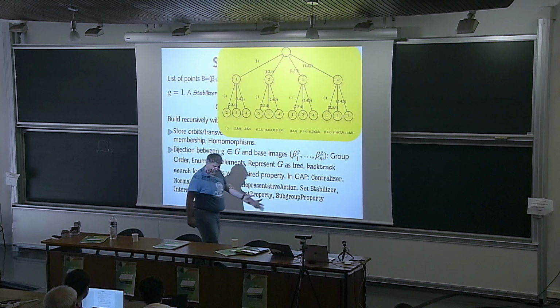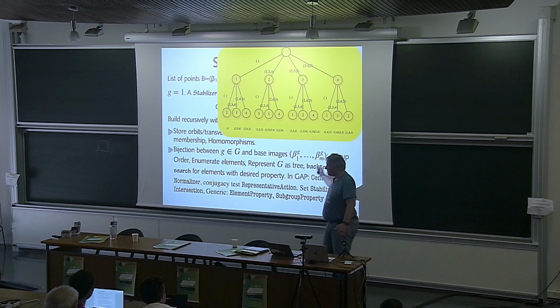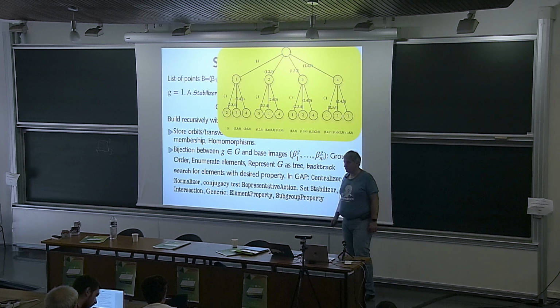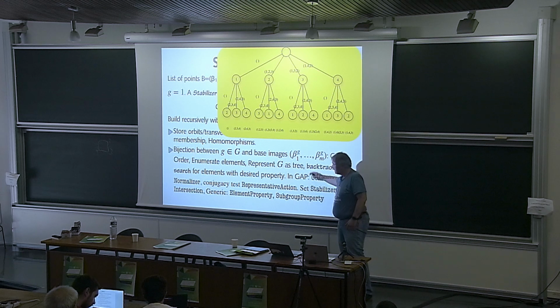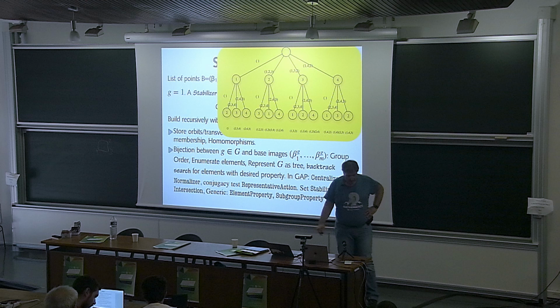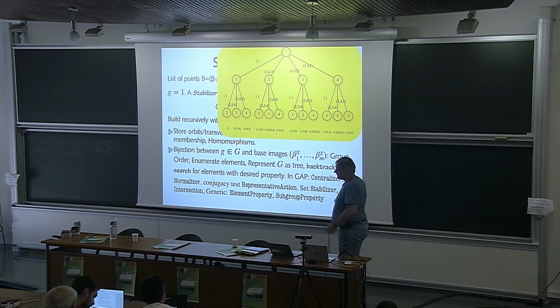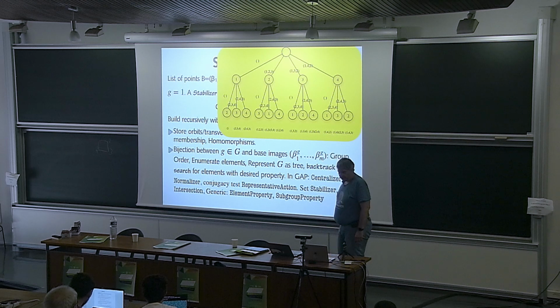It does not help with the complexity. The complexity of backtrack search is very much exponential, the worst case could be running through all elements of the group. But for all of these applications here, there has been development of a lot of suitable pruning functions which are used to make these calculations feasible.